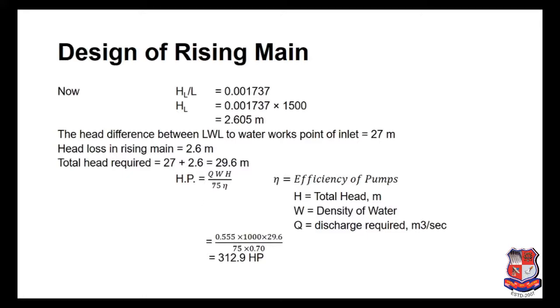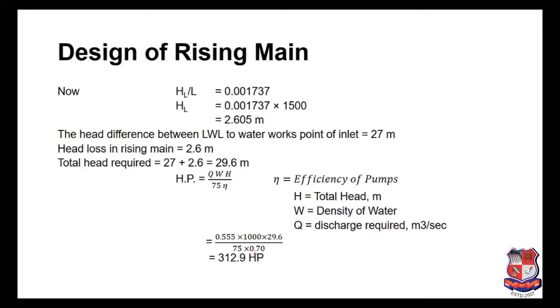So HP is equal to, this is the formula of horsepower, QWH upon 75 eta. Eta is the efficiency of pump, H is total head, W is density of water, and Q is the discharge required. So Q is 0.555 multiplied by density of water 1000 multiplied by total head, which is 29.6 meter, and divided by 75 into eta, which is 0.7.